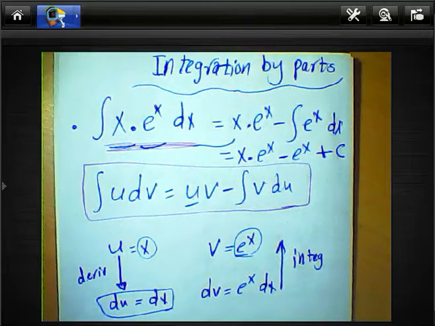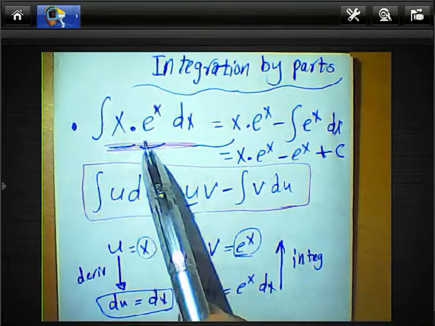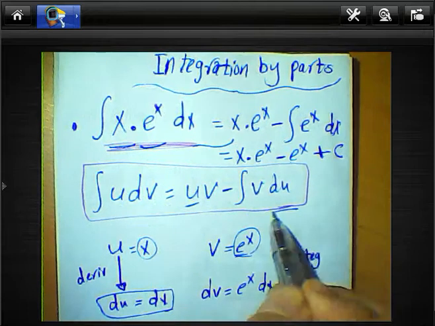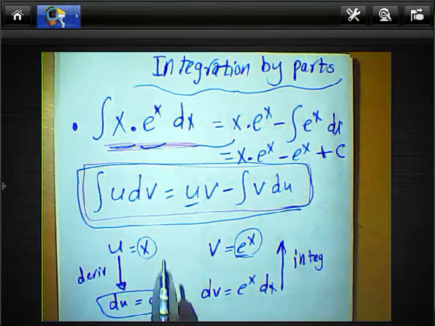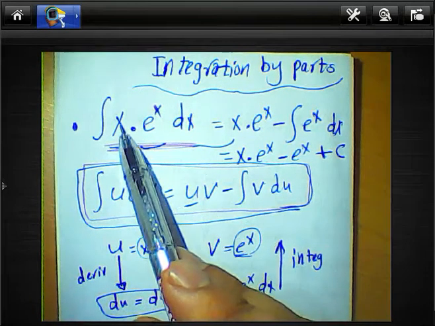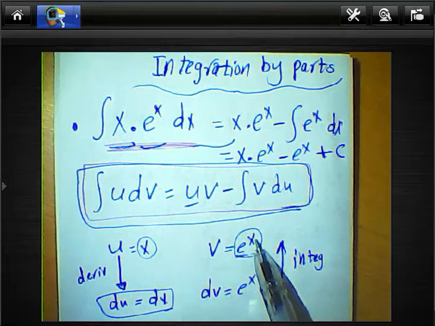It's okay. Again, in this example, we want to find the integration of x multiply e power x dx. Look at this rule for solving examples of integration by parts. Let u equal x, we must let u equal x. The first will be x and the second will be e power x.